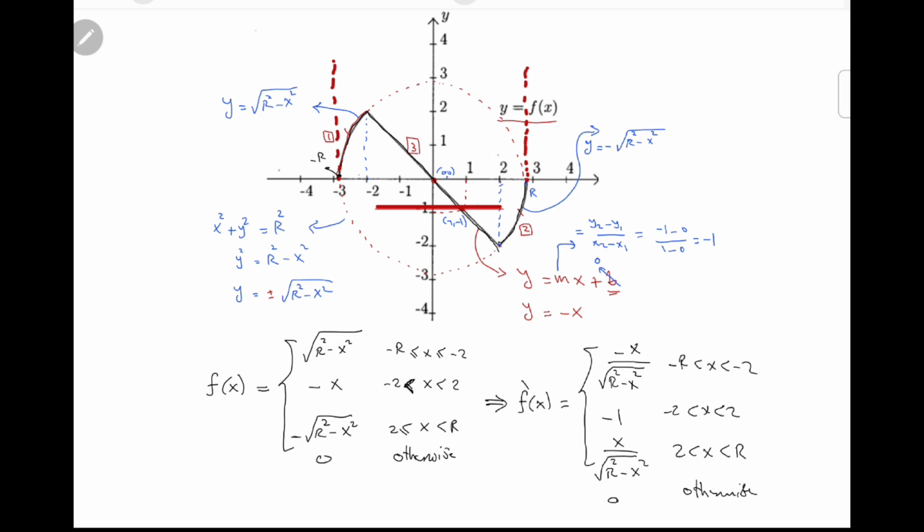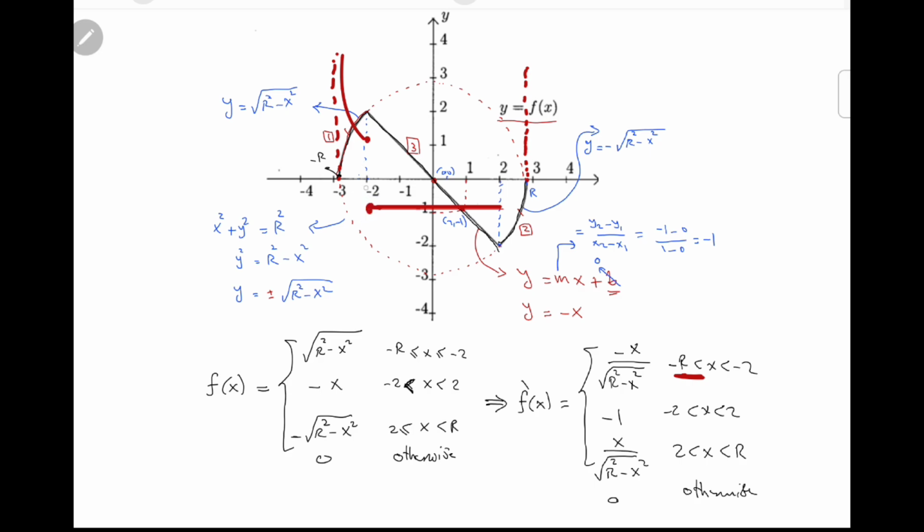It's clear that when you approach the value of minus r, you approach this edge, the value goes up to infinity, and then when you reach the value minus 2, you hit this value and there is a jump.